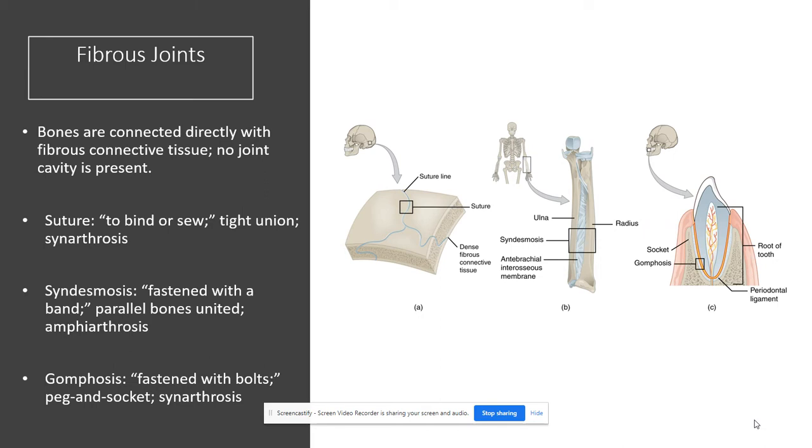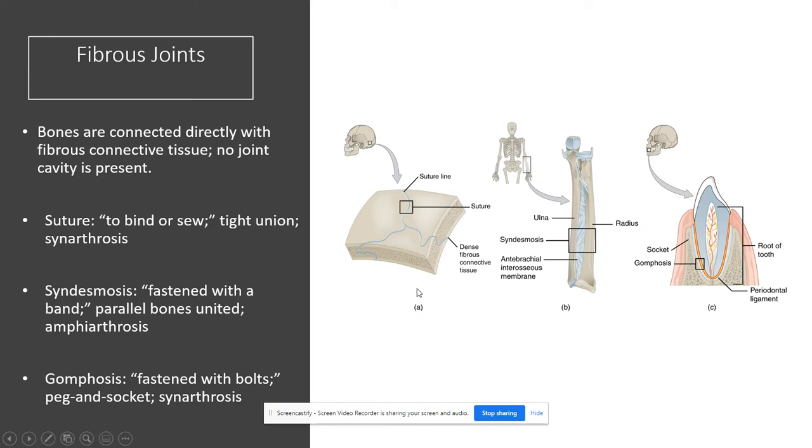Sutures are examples. They are bound tightly, and there's a synarthritic type of joint located at that place. Syndesmosis is a fastening. There's a parallel connection between these bones. And gomphosis, where there's a fastening of a bolt-like peg in a socket type of connection between these.